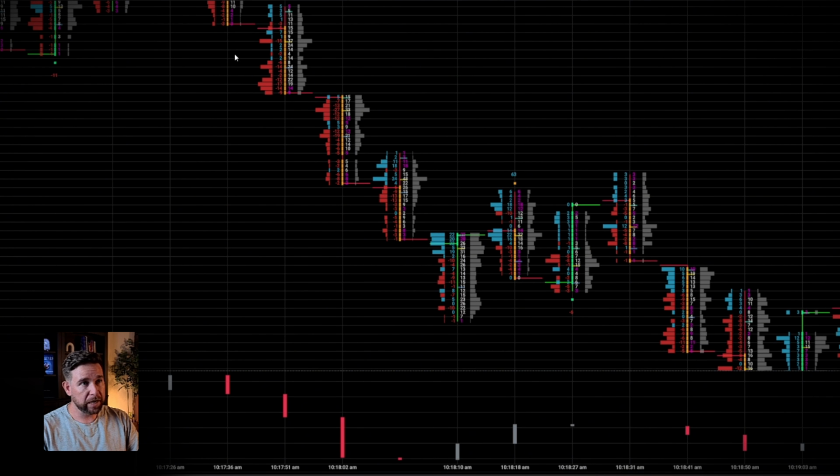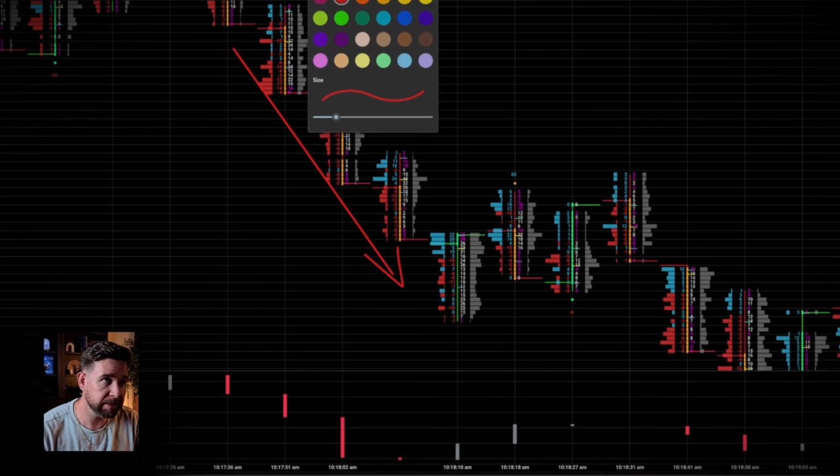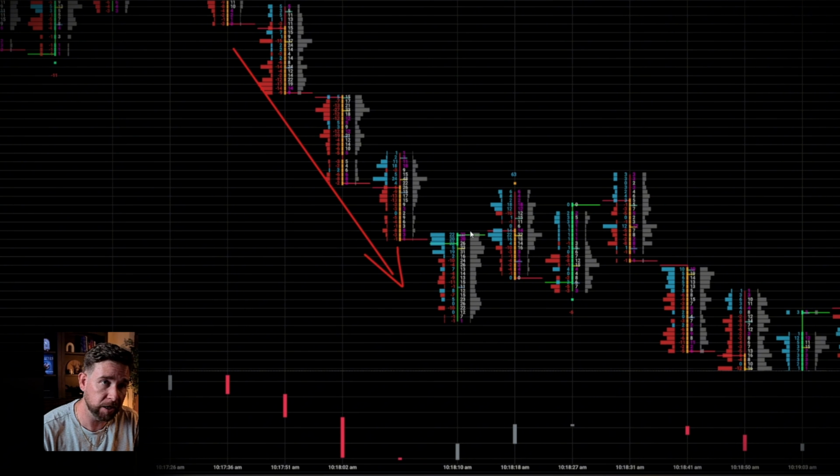Now, fast forwarding a few minutes, we can see as price is driven quickly lower by aggressive participants, we can see subsequent attempts for buyers to bounce price. And we can see on the delta here on the left-hand side of these bars how small and weak that is compared to what we saw as price was rallying earlier. So what this tells us is price made a high where all the buyers were absorbed.